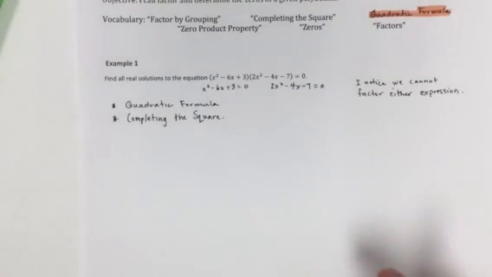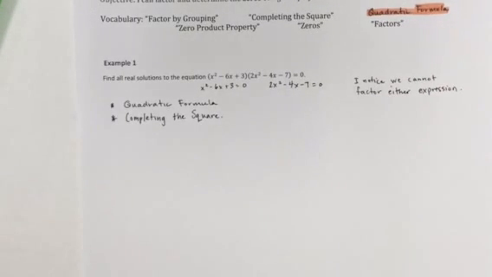Since you probably saw extensive work with the quadratic formula a year ago, I'm going to focus most of this video on completing the square. Then we'll come back and check one of the solutions with the quadratic formula just to double check our work.